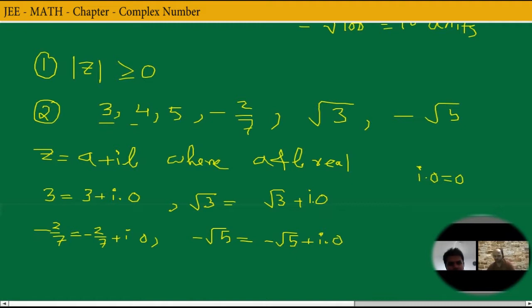Can you compare with the standard form of a complex number, a plus ib? We can. So if we are able to compare, can you find, in these 4 numbers, 3, √3, -2/7 and -√5, any symmetry?